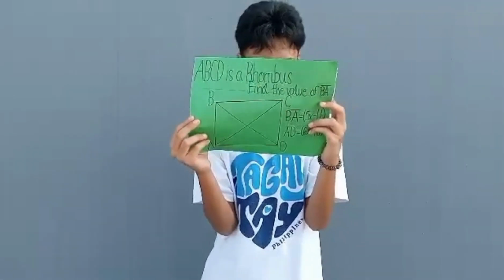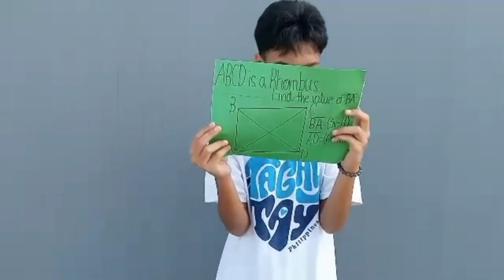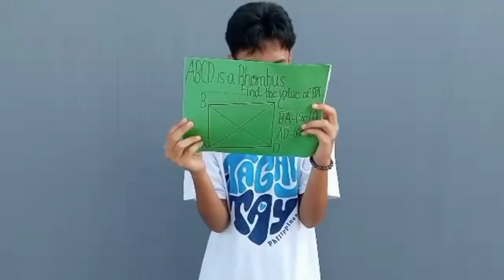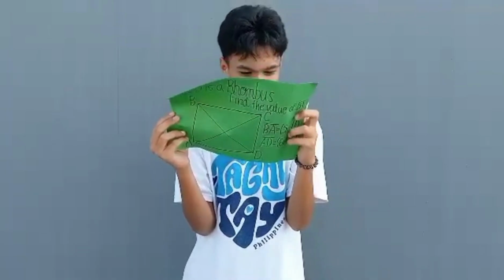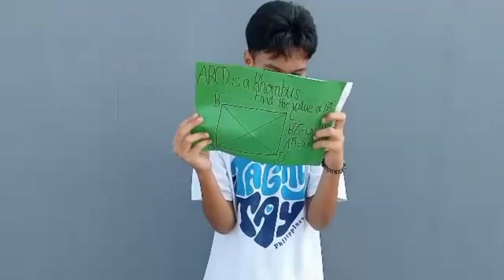Multiply 5 and 7 and subtract 11 from the answer, and we will get 19. So the value of side BA is 19.